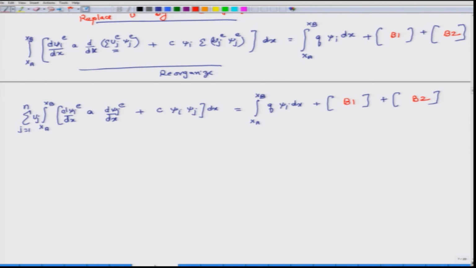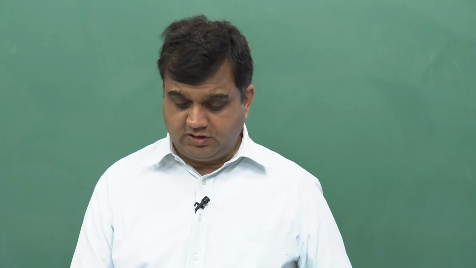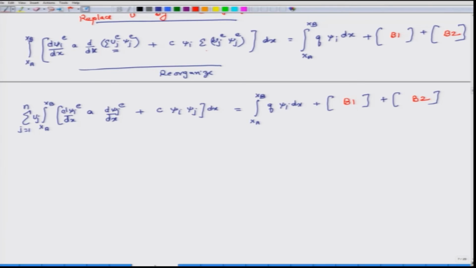So, this is the expression which I get. Just note that uj is now outside the integral sign, and the reason I could take it out is because it is a constant. So, when I differentiate it, it becomes 0. The only thing which matters when differentiating this entire thing is psi j. I can take out uj outside because it is constant, right.